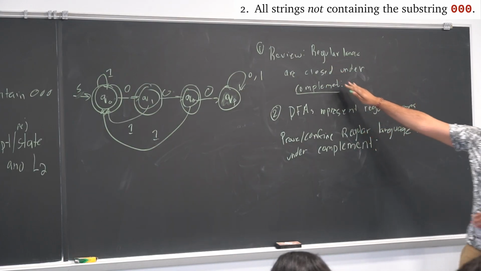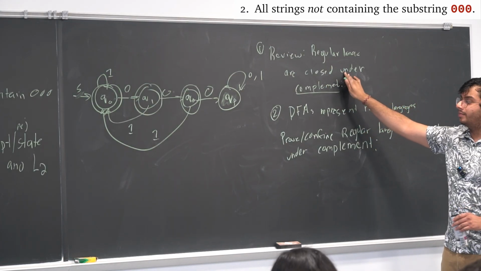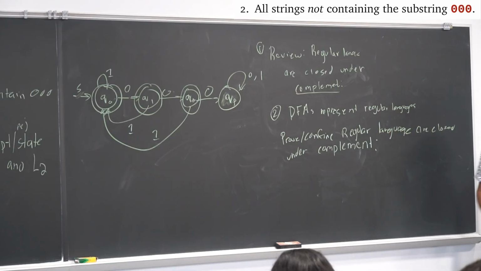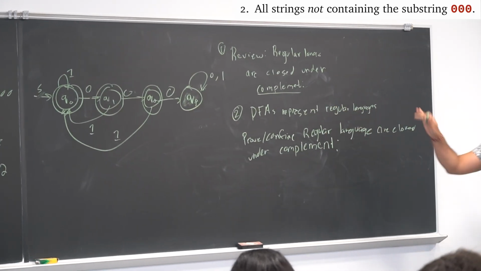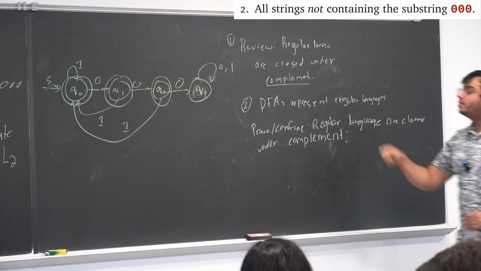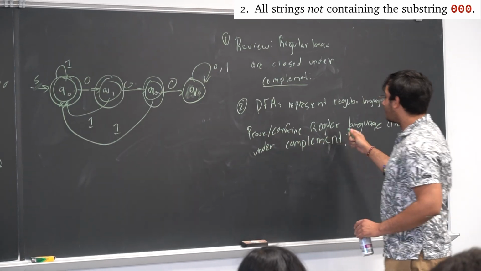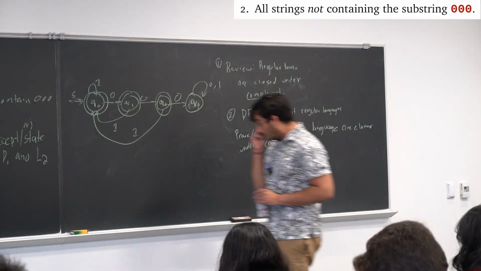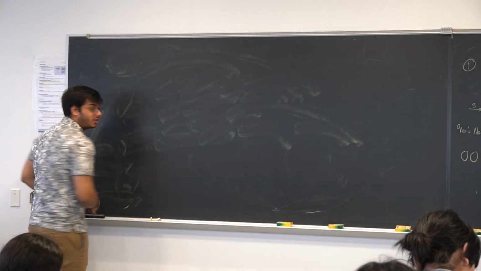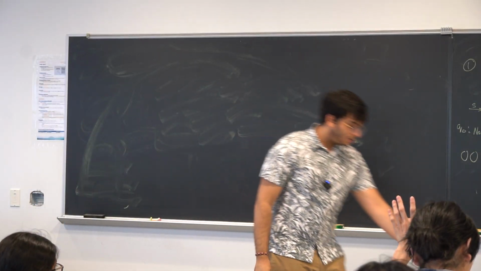Let's say we didn't know this property about regular languages, that they're closed under complement, but we knew that DFAs could represent regular languages. Then for any arbitrary DFA, we could switch the accepting and rejecting states, and we've created the complement of the language that it should accept, which proves that regular languages are closed under complement. Does that make sense? Cool. Okay. Is the pace okay? Cool.